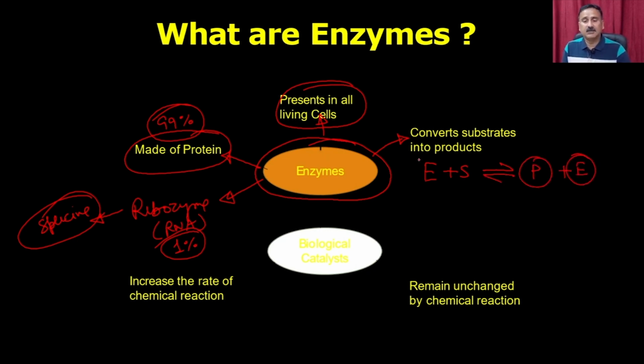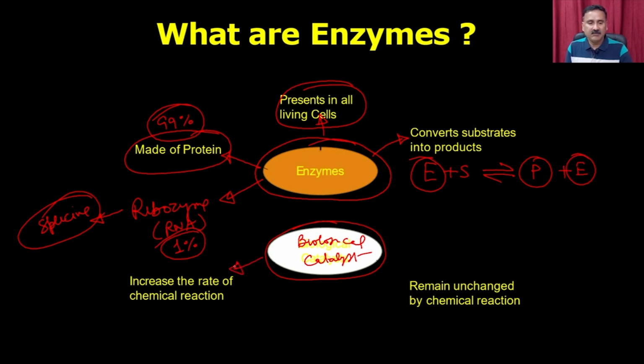Because it's a biological catalyst, it does not participate in the reaction, it only changes the rate of the reaction. As biological catalysts, they increase the rate of chemical reactions, but they remain unchanged after the reaction.